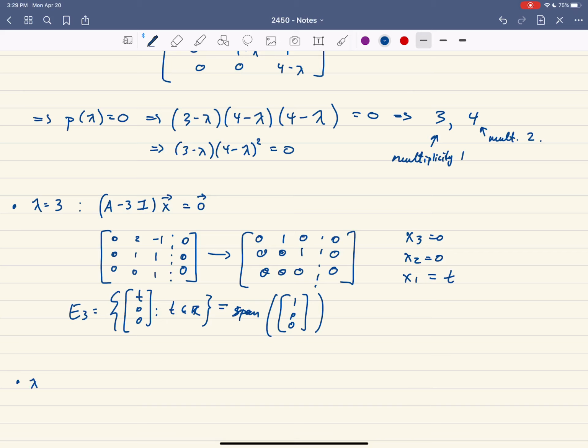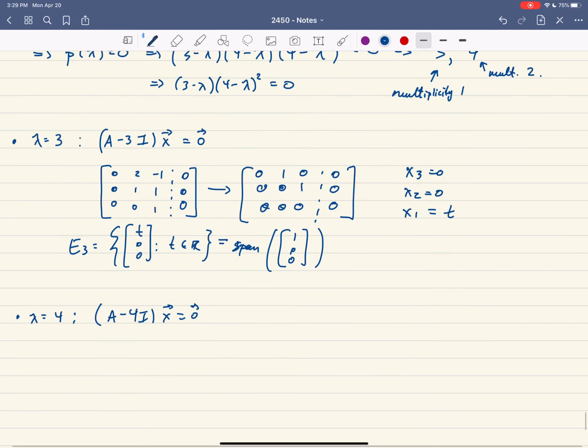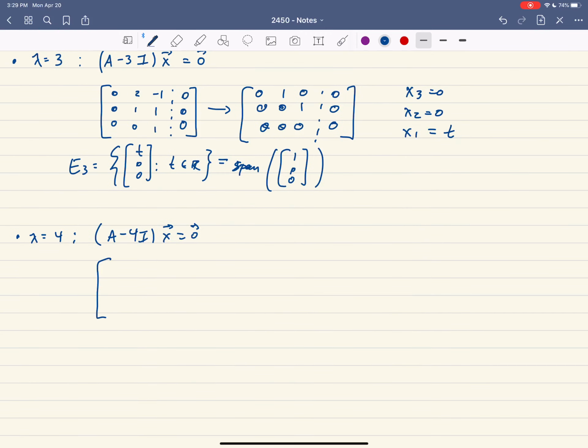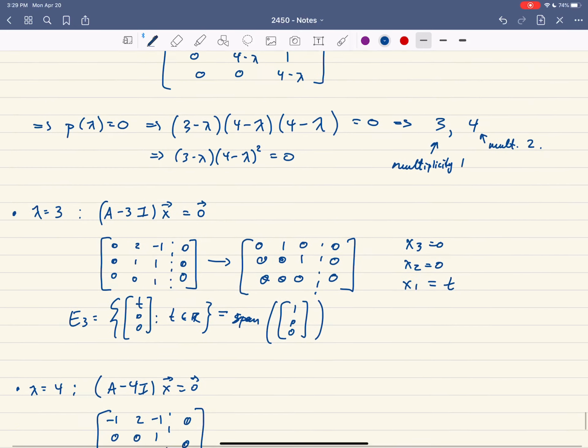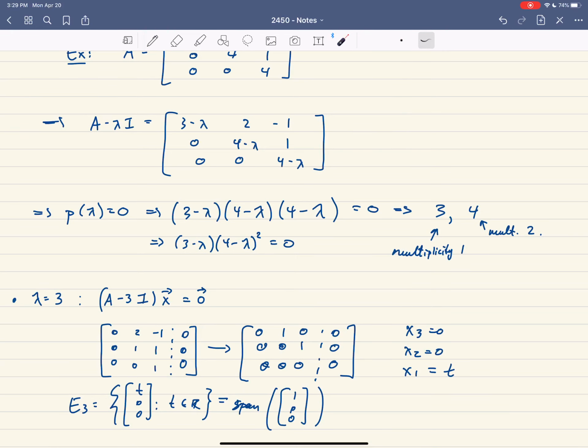And if lambda is equal to 4, then we're going to do the same thing, and A minus 4I times x equals 0 is going to lead us to solve the augmented equation A minus 4I augmented with 0. A minus 4I is just taking A minus lambda I and plugging in lambda equals 4.